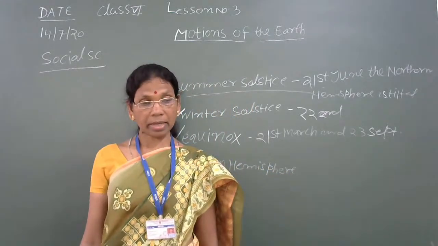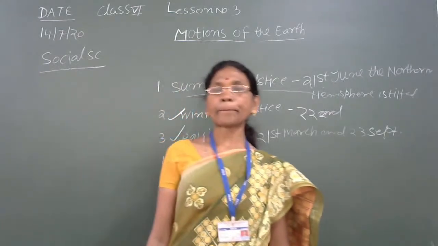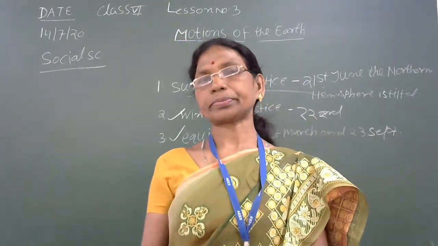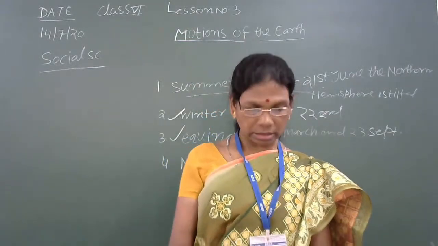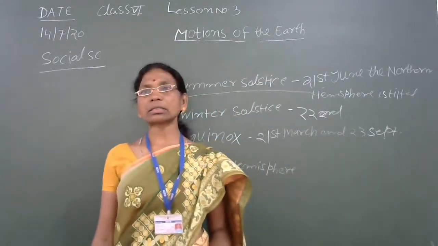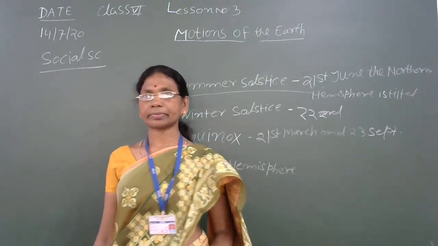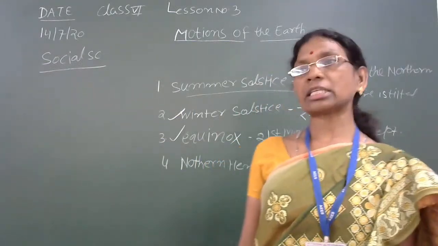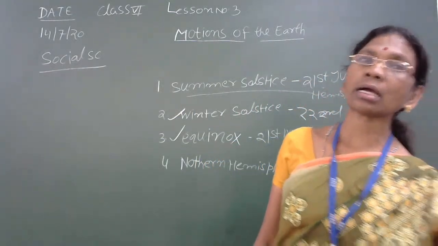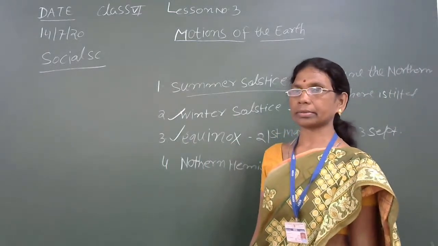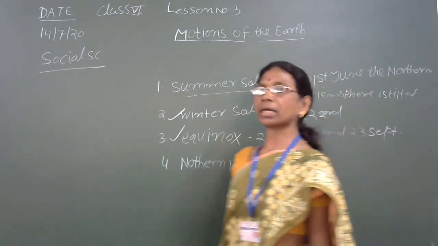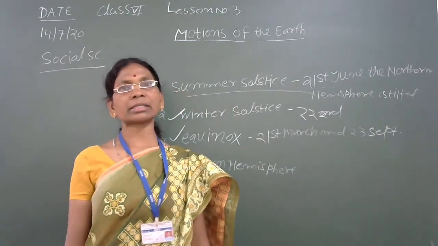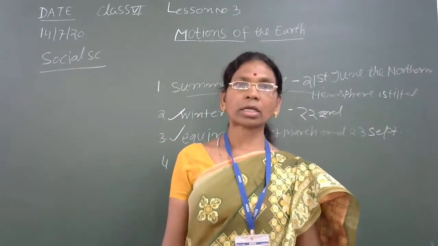Come to the next paragraph, last paragraph beta. On 23rd September, it is autumn season in the northern hemisphere and spring season in the southern hemisphere.